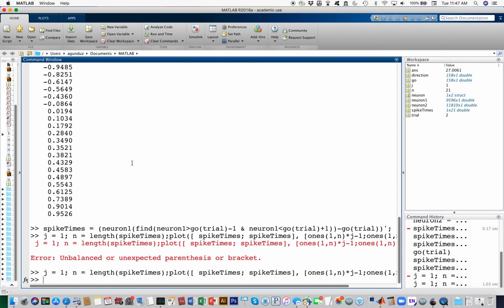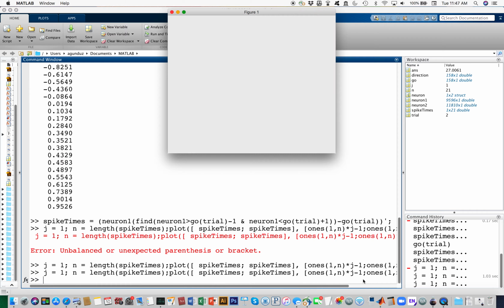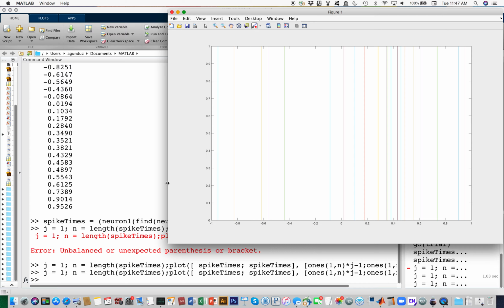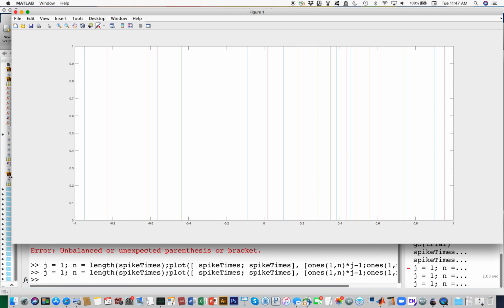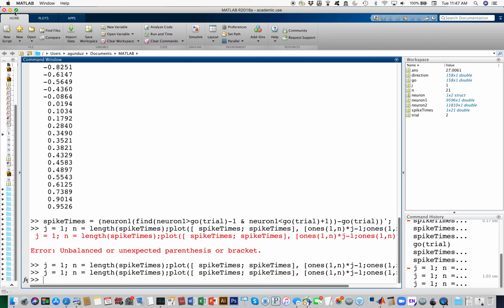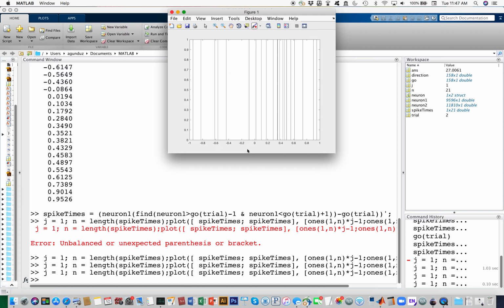So going back here, had I not forced this to be black, so k in MATLAB colors things black, you see I actually get a rainbow. Okay, and as pretty as that is, it's very distracting, so we don't want that.